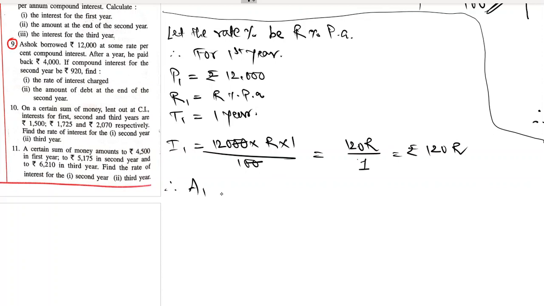Therefore, A1, the amount at the end of 1 year, is equal to P1 plus I1. What is P1? 12,000. What is I1? 120 R. So 12,000 plus 120 R. Now wait, he paid back.